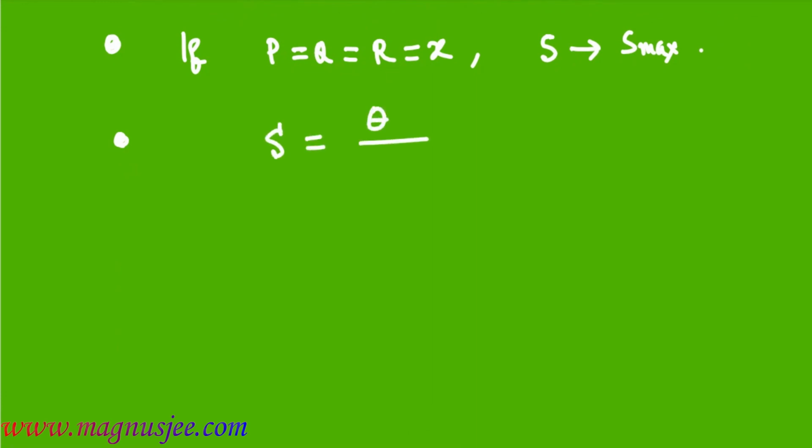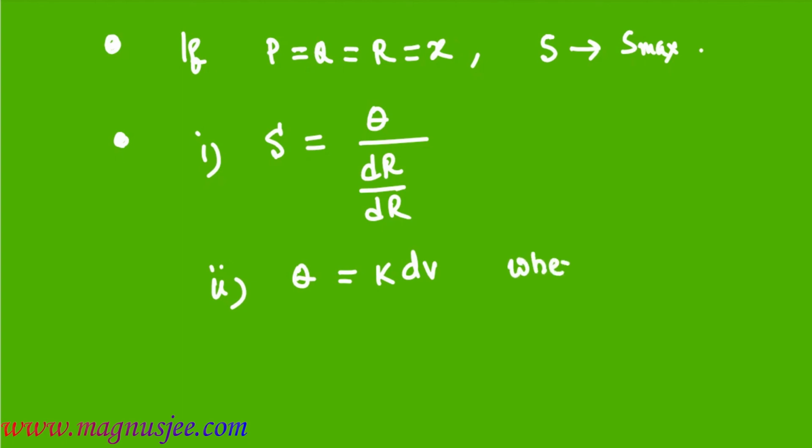Number one, the expression of S is theta divided by dr by r, that is, deflection per unit fractional change in resistance dr by r, not dr by dr. Number two, the formula is theta equal to k dV, where dV is the potential difference between the two ends of the galvanometer, which is Vb minus Vd.